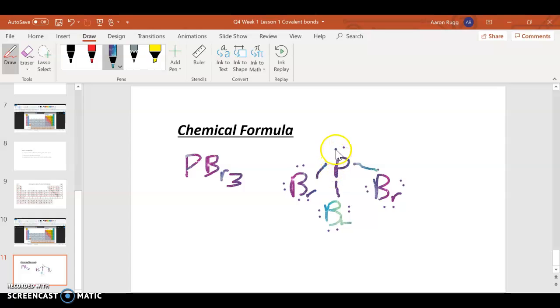So let's count 1, 2, 3, 4, 5, 6, 7, 8. Phosphorus is now happy. It has 8 valence electrons. Bromine has 1, 2, 3, 4, 5, 6, 7, 8. Each of these bromine atoms are now very happy because they are stable, because they have 8 valence electrons around them.